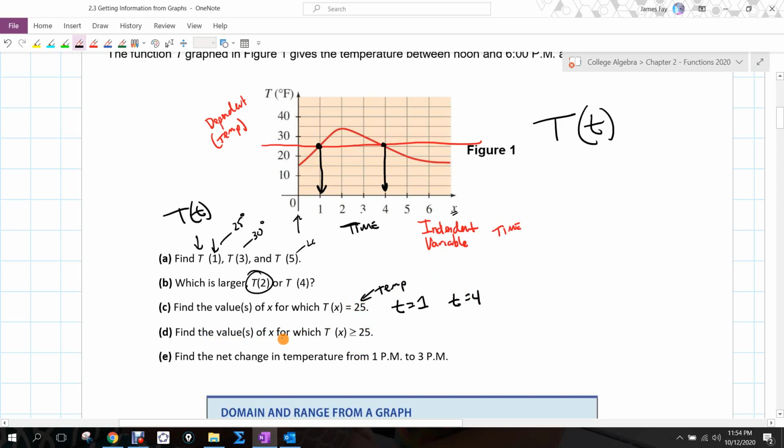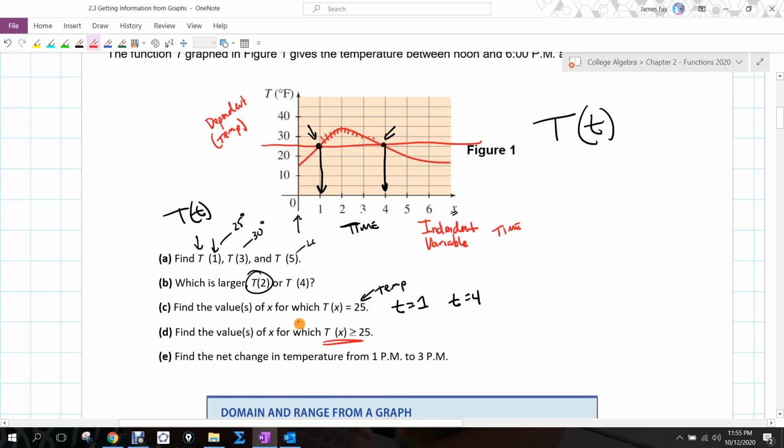Here it says find the values of x for which the temperature is greater than or equal to 25. Well, think about this. If this is where we were equal to 25, then visually, doesn't all of this stuff up here, which is above 25, satisfy that condition?